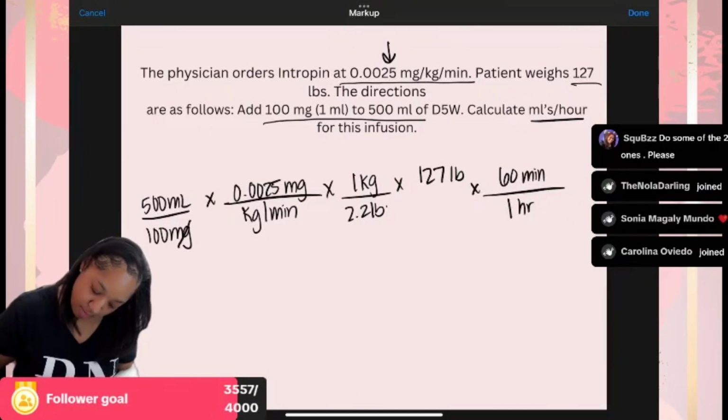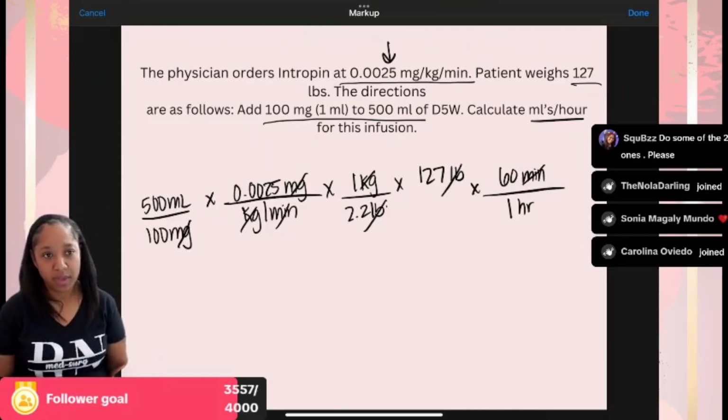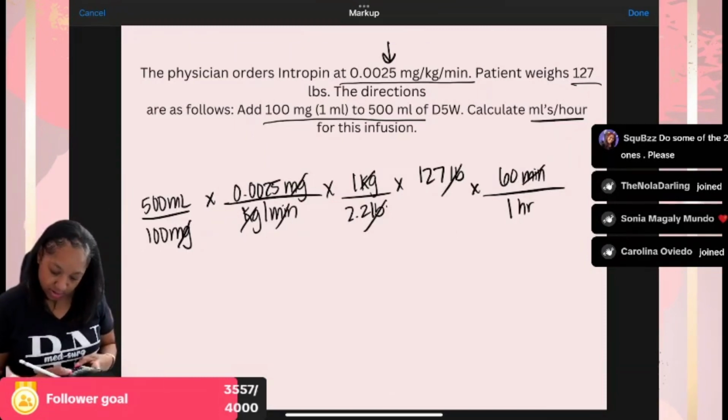Milligram, kilogram, minute, pound. You're left with mL over hours. So 500 times 0.0025 times 127 times 60.